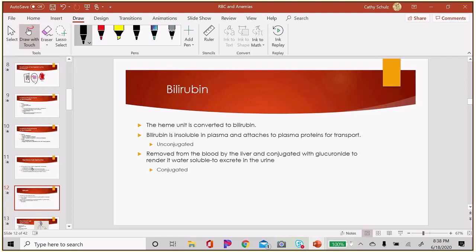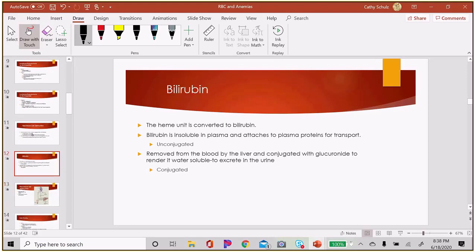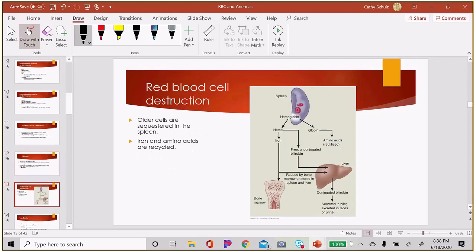In the liver, it can be used and changed into bile, and it can be removed from the blood by being conjugated with a particular amino acid so that it can be removed in the urine. So there are ways for us to get rid of excess bilirubin if we don't need it.